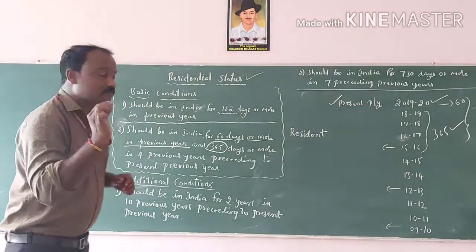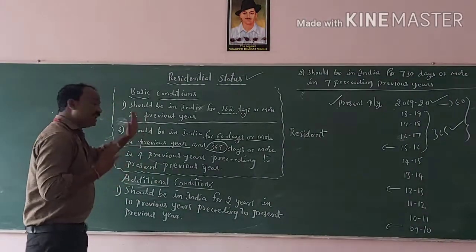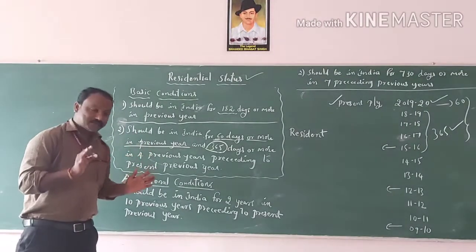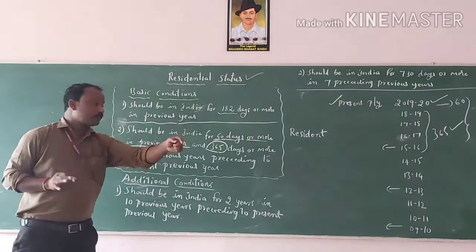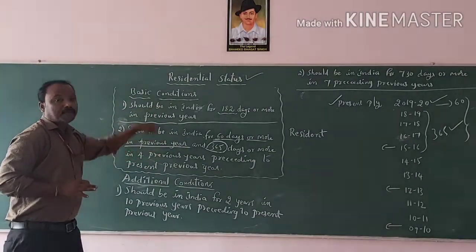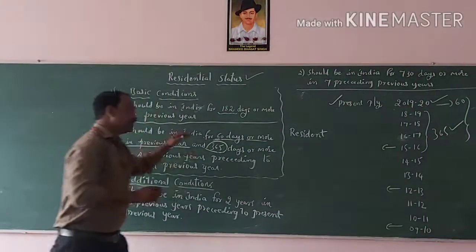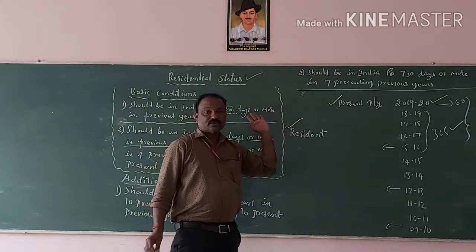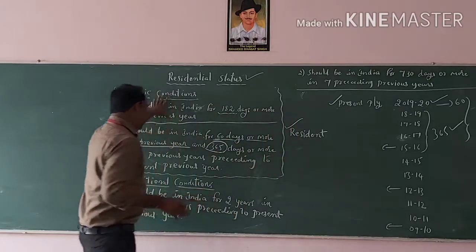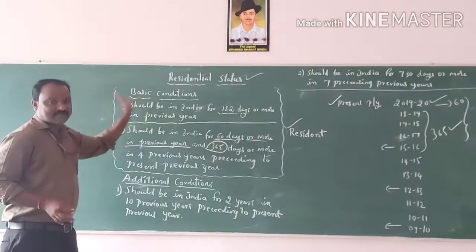So here what we have to consider: if any person fulfills any one or both basic conditions, he will be treated as a resident. So first we have to apply these 2 basic conditions.